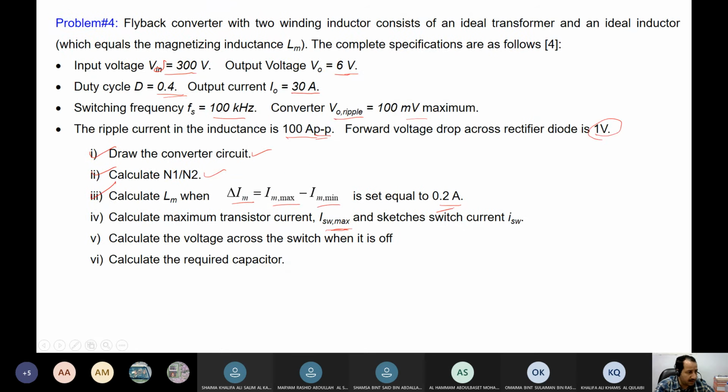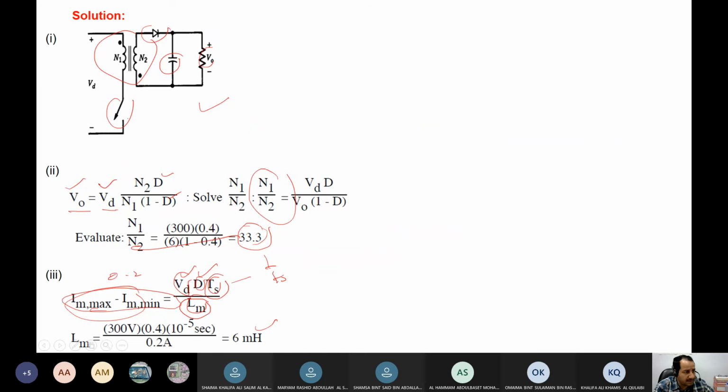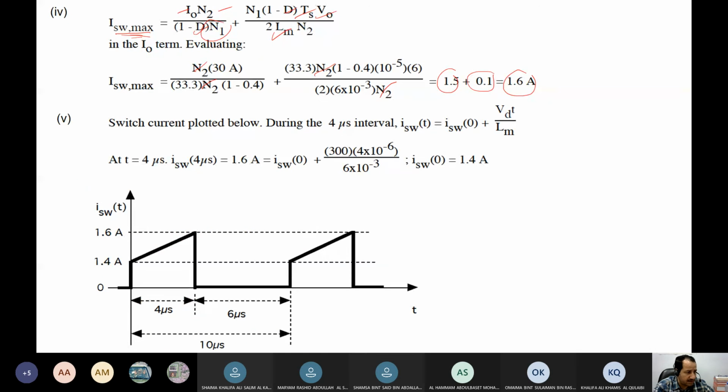Now, let me go back. I calculated part number 4. Sketch the current. Where is it? This is the switch current, I switch. When the switch is on, we know this is the current. Okay. When the switch is off, zero current flows through it. If the inductance, you see, increase, decrease. But now we're not talking about the inductance, about the switch. Now, I calculated here the values, the maximum value, as you can see here, and the minimum value.